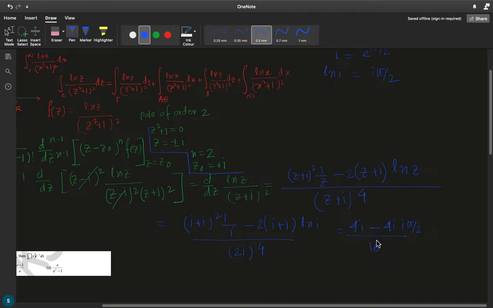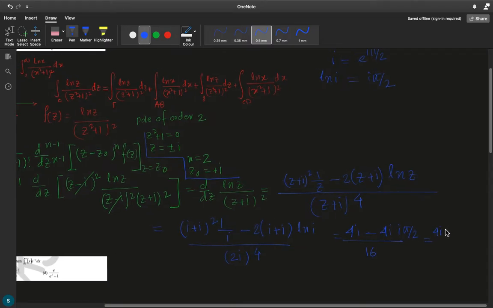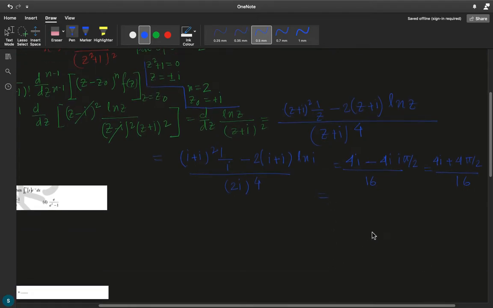All over 16 i square, which is minus 16, plus 1 plus 1. So what we can get from here, if we take out 4i, is minus 4i plus 4 into pi by 2, over 16.